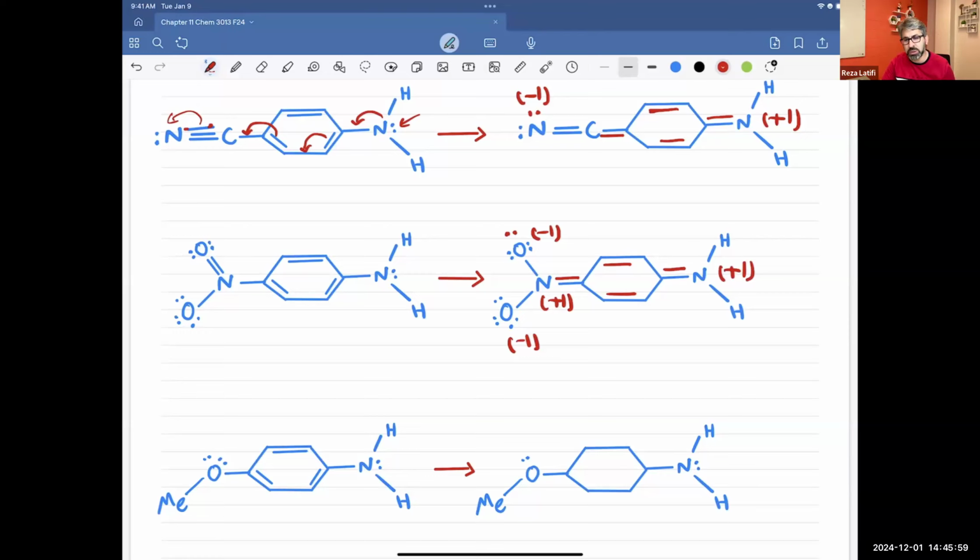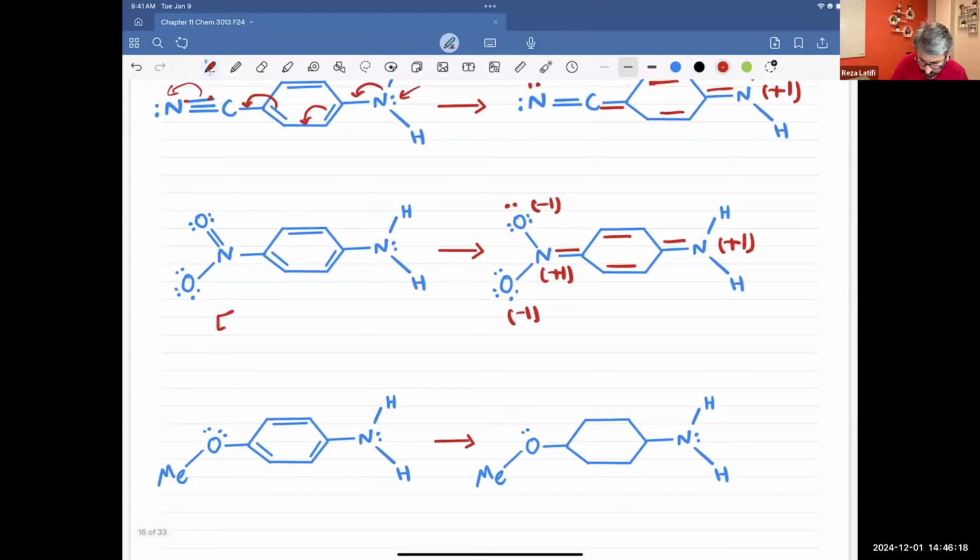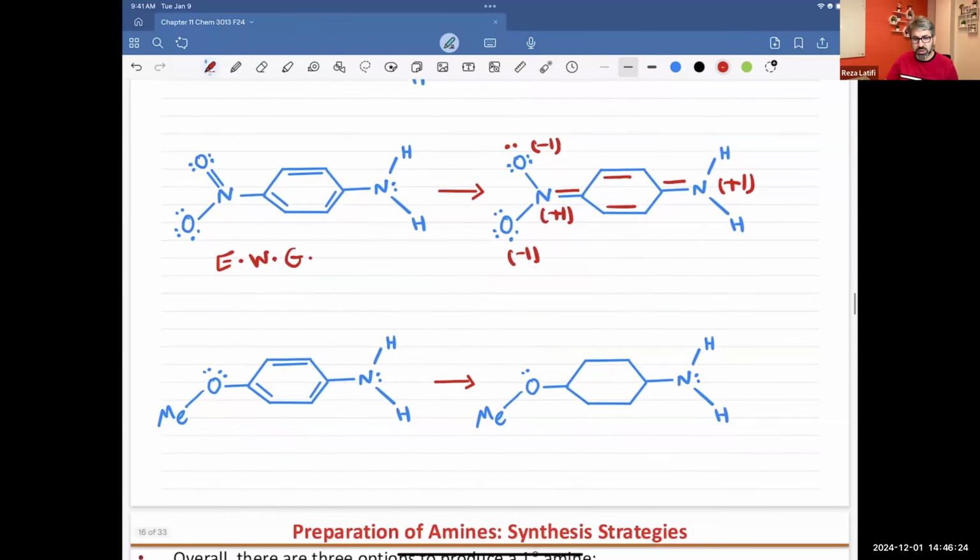So now my compound has two positive charges and two negative charges, and it's going to be neutral, but the lone pair is not sitting on nitrogen anymore. So nitrogen is not going to behave as a base anymore, because we gave the electrons to oxygen. These two are electron withdrawing groups. As you see, they drop the electron density on nitrogen.